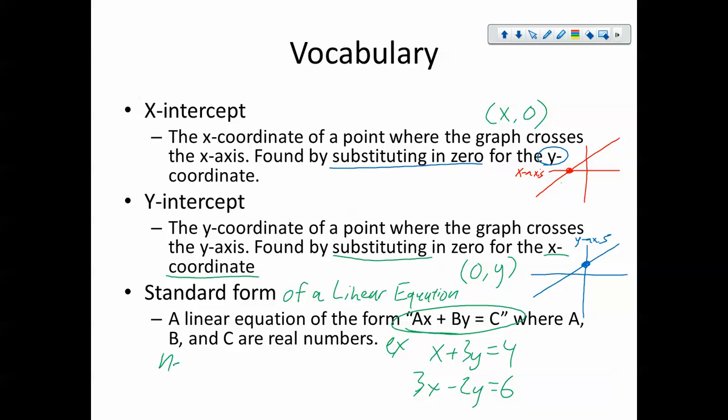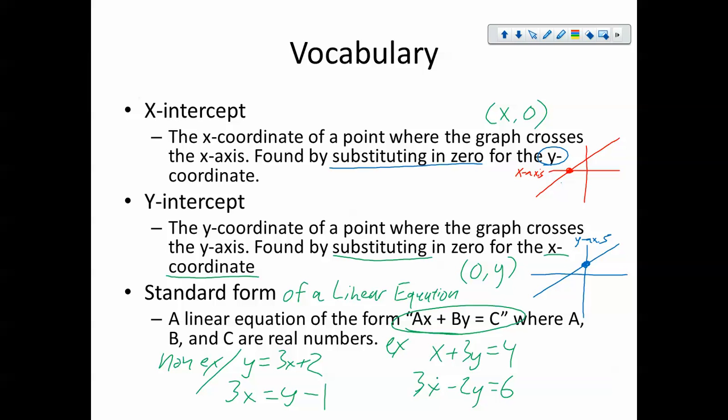Some non-examples would be y equals 3x plus 2. That is a non-example. Or 3x equals y minus 1. That's another excellent non-example because it is not standard form.